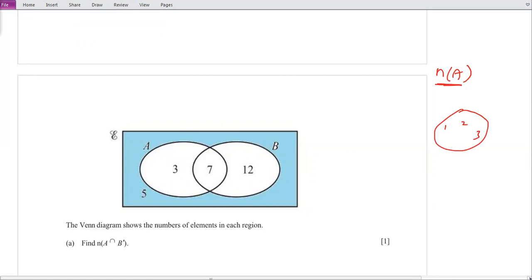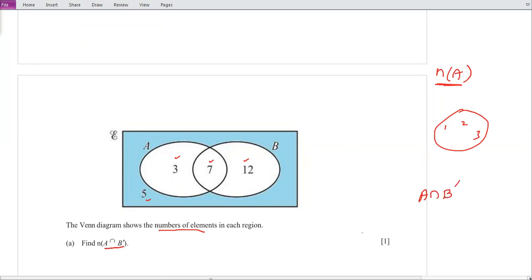But in this case, the Venn diagram shows the number of elements: there are 12 elements here and 5 elements outside them. The question says find the number of elements in A intersection B complement.